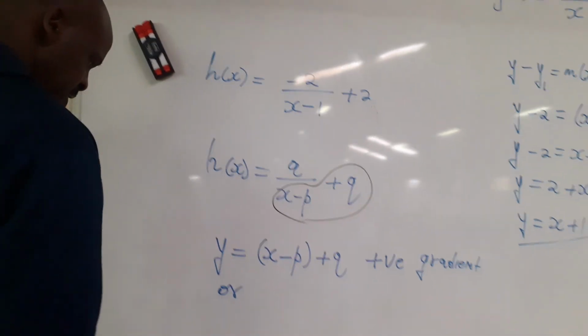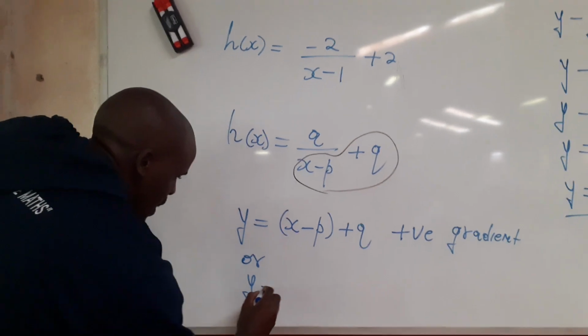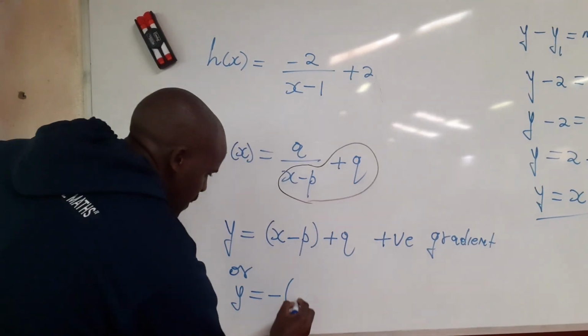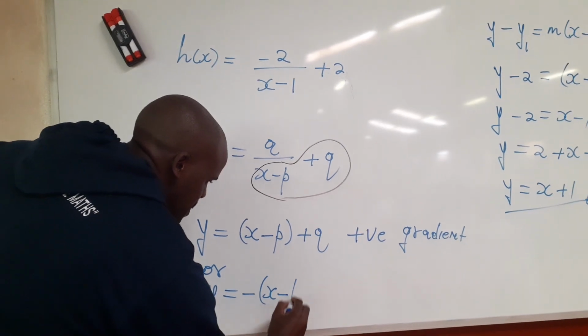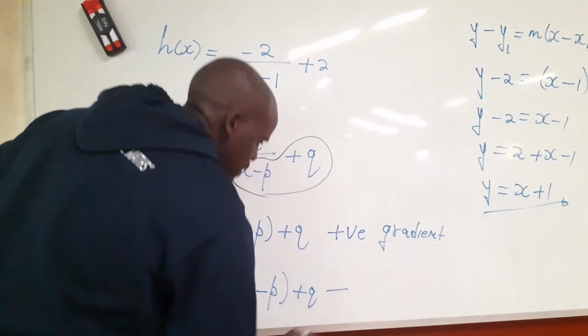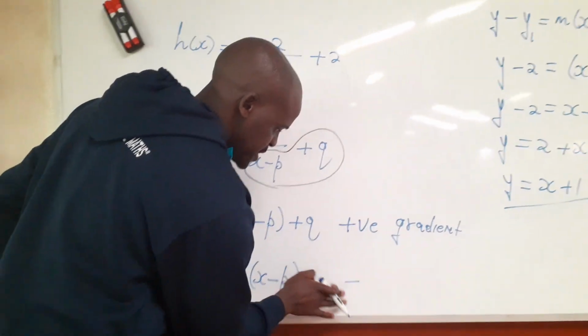For a negative gradient, it's y equals negative of that: y equals negative x minus p plus q. This one is for a negative gradient.